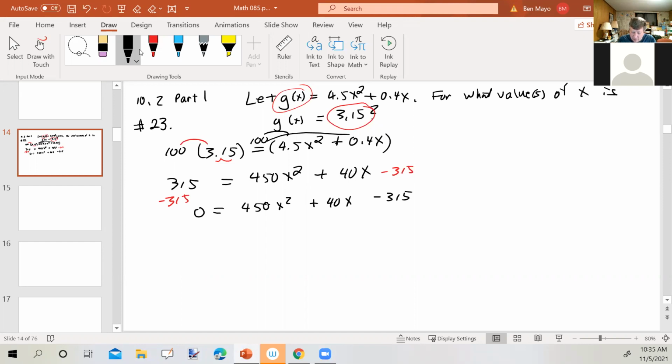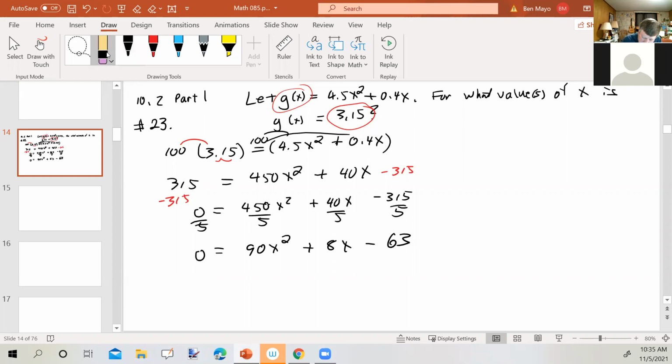I don't have to do this, but I can reduce it down ahead of time. So I'm going to divide each term by 5. I get 0 equals 90x squared plus 8x minus 63. Let me write that a little more legibly.